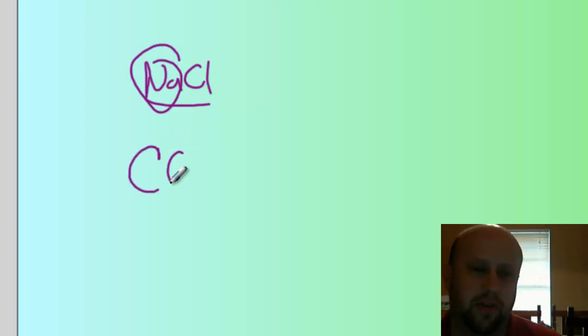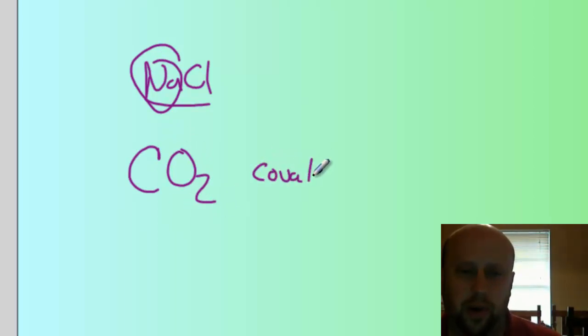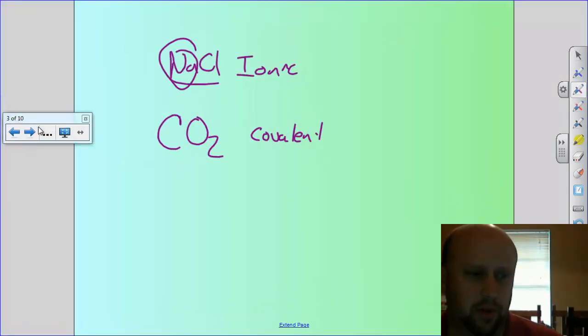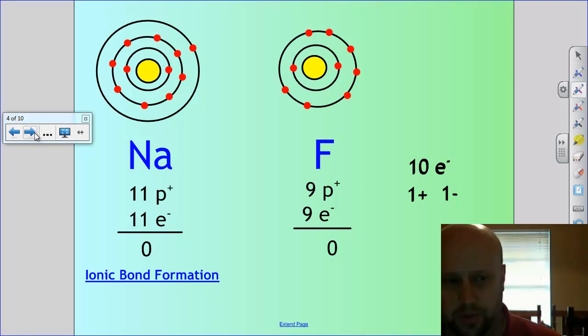Whereas something like carbon dioxide has two nonmetals, and so that's a covalent compound, and we'll talk about that in the next lesson. So metal makes it ionic, nonmetals only make it covalent. Hopefully that clears up how to determine which is which.